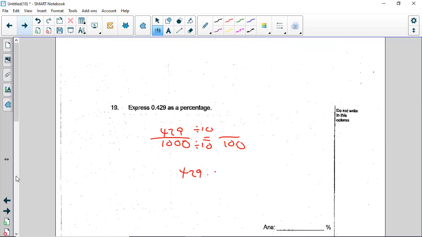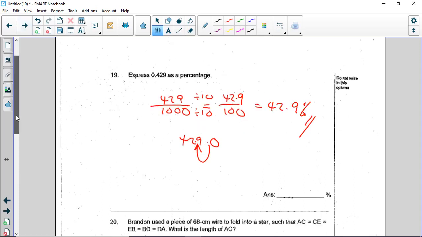No need. You just change the 429 into a decimal. Then shift the decimal point to the left one time, and you get 42.9, which is the numerator, right? And once your denominator is 100, how many percent? 42.9%. That's how you do it faster. Okay, so make the denominator 100, and then the numerator will be your percentage.